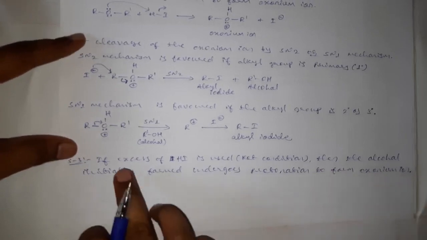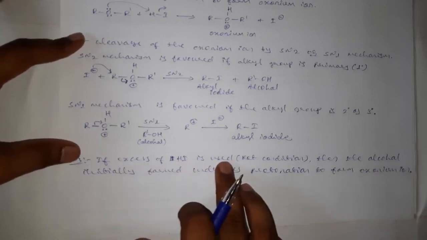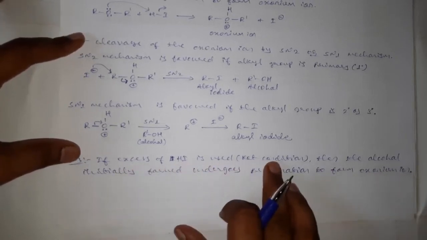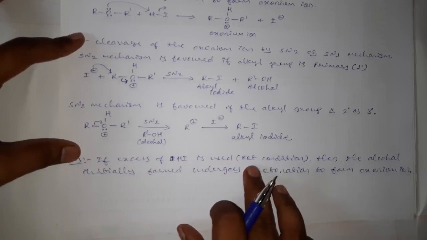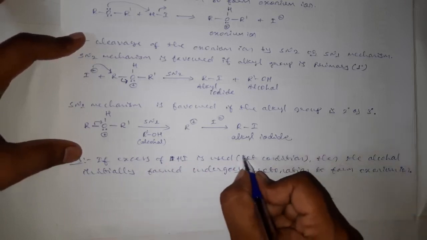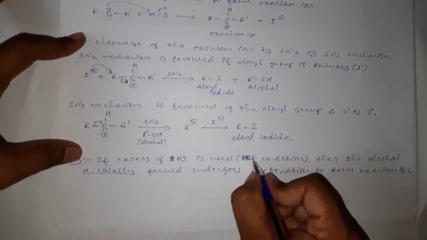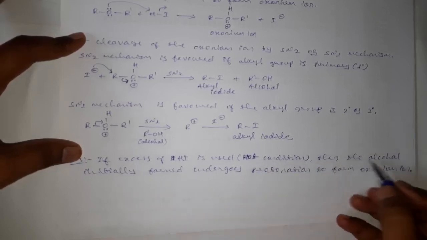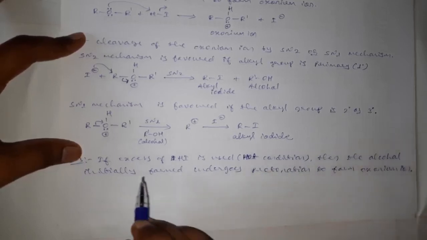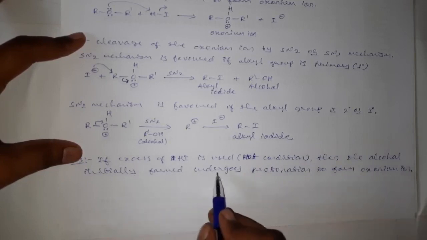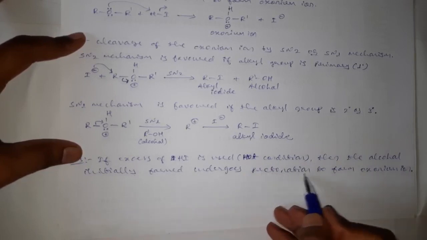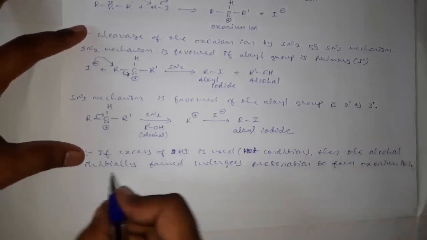See here, if excess of hydroiodic acid is used, that is in case of hot and concentrated hydroiodic acid, then the alcohol which is formed in the initial state can undergo protonation to form oxonium ion.